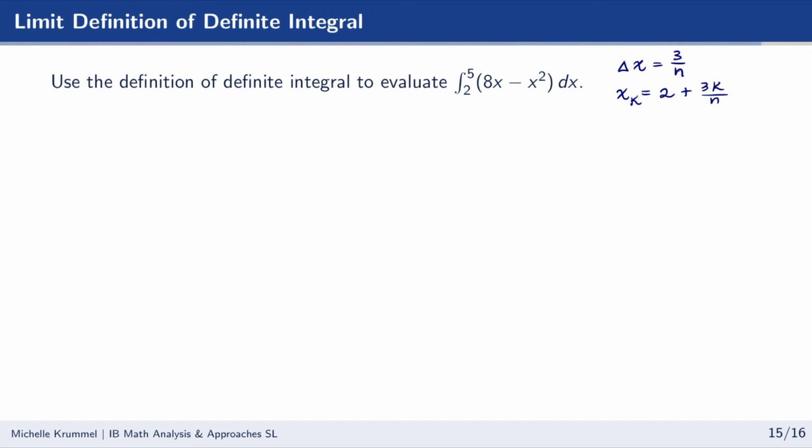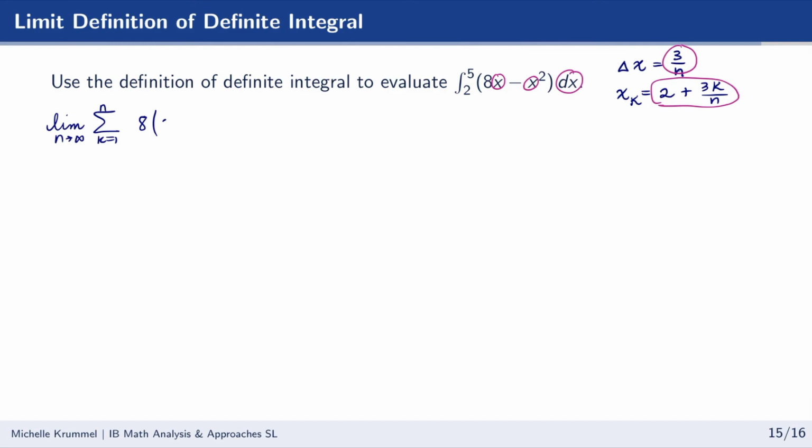Okay, so we're going to now substitute in for x and in for dx. So we have two different terms where we're going to substitute in for x. So we'll have the limit as n approaches infinity, sum k equals 1 to n. And then our function here, 8 times the x value.